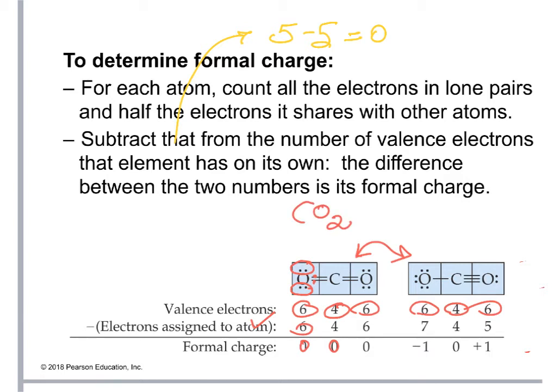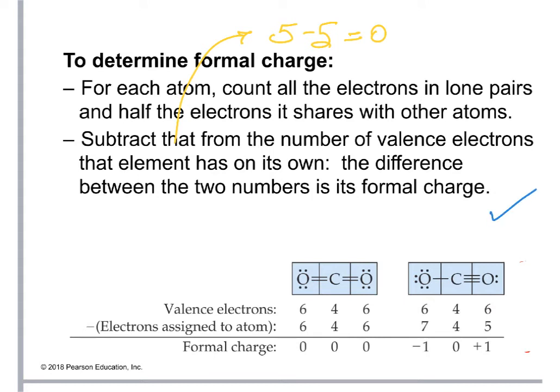Now, these are 2 Lewis dot structures that you could draw for carbon dioxide. And you might not know, unless you knew formal charges, which one is preferable. But now that you hopefully will remember to do formal charges, if you come up with more than one Lewis dot structure, you can see that in the structure on the right, the oxygen to the left has a formal charge of -1, and the oxygen to the right has a formal charge of +1. Now, the whole idea is to minimize formal charge.